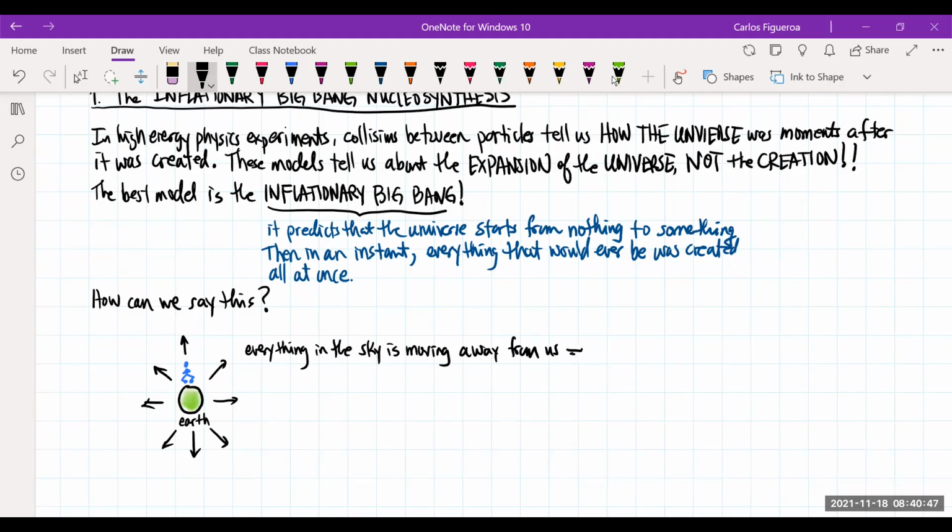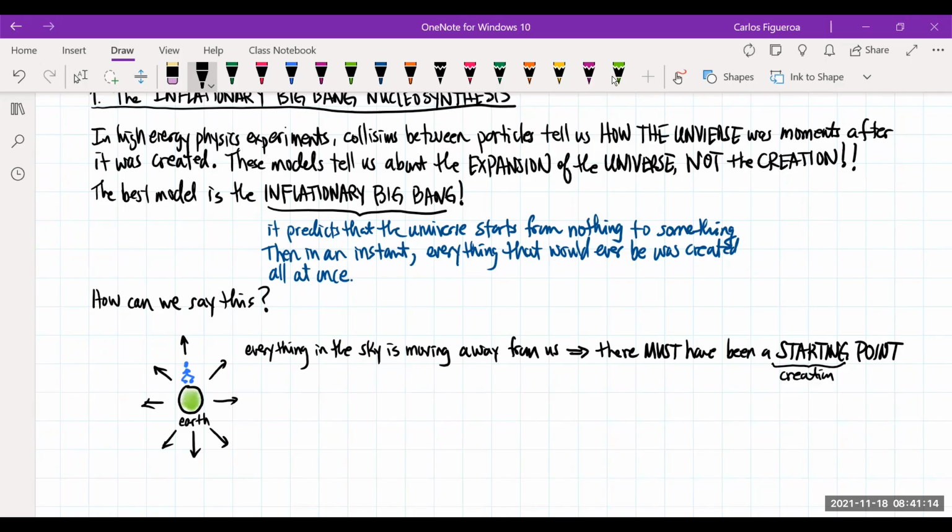So that must imply there must have been a starting point. Maybe instead of starting point, we could call it a creation point.